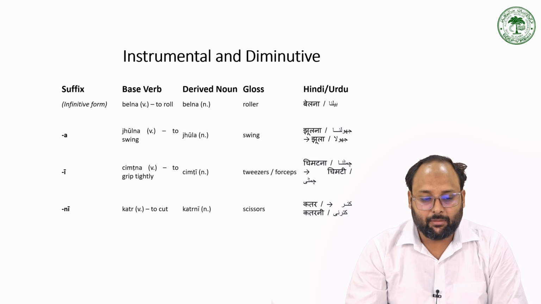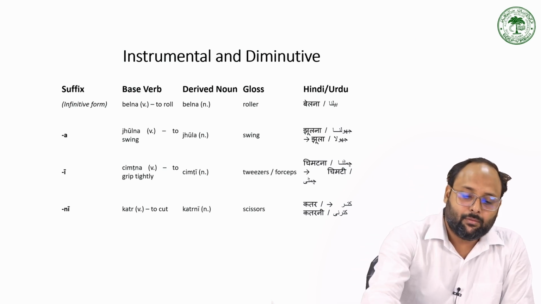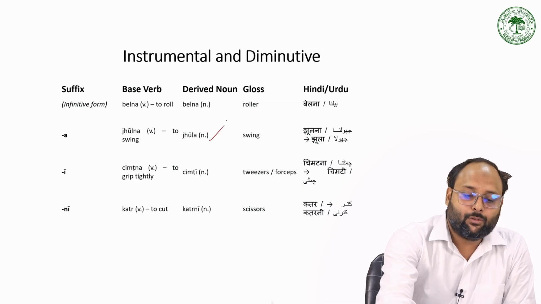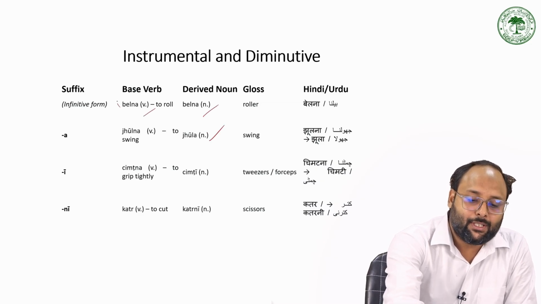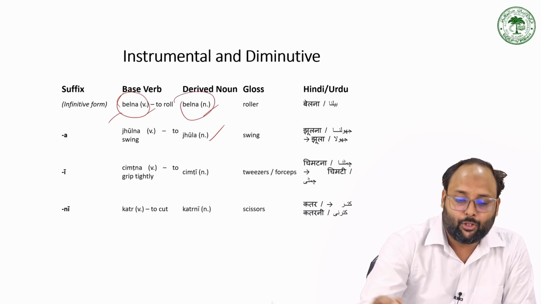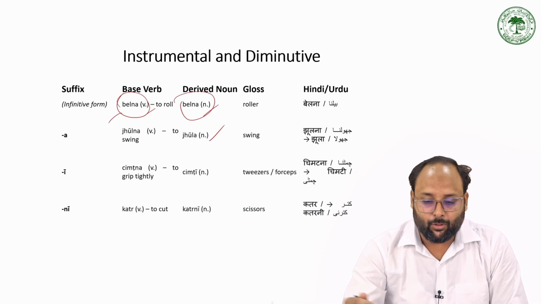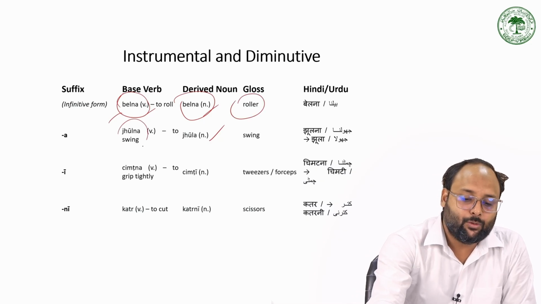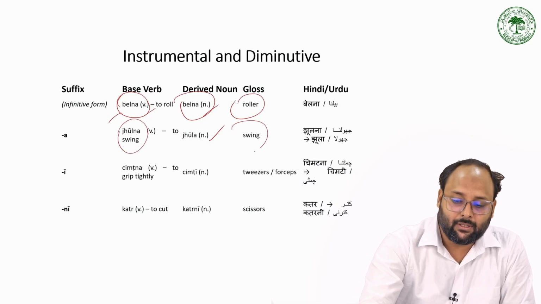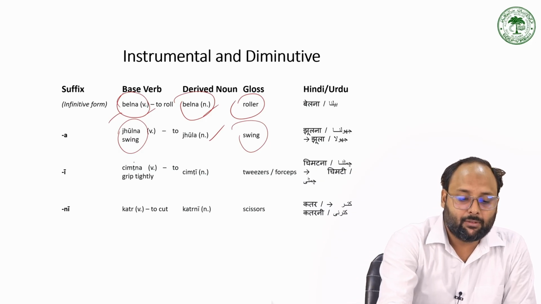Some examples: the verb jhulna becomes jhulna, the verb belna becomes belna. Here this belna is the verb and this belna is the noun, meaning some object, some entity, a roller. And this jhulna means swing, but this jhulna is the noun. And like chimatna is the verb, it changes into chimti.